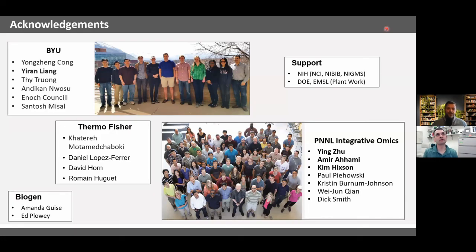Yeah, so if we kept MaxQuant throughout that, we would be identifying maybe 900 protein groups, and with Proteome Discoverer, we got to about 1,050 protein groups.